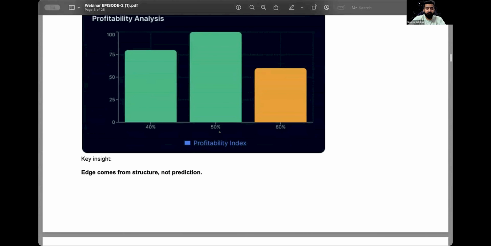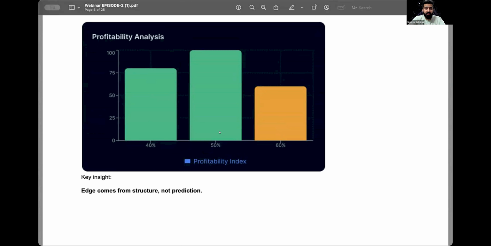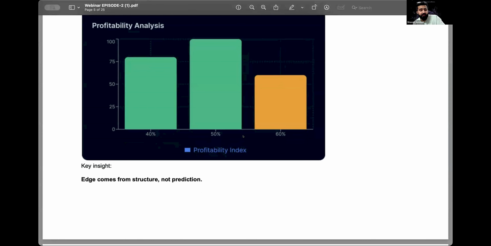Then we see the profitability analysis of trades and the post profit. That edge on which professional traders trade comes from structure, not prediction.